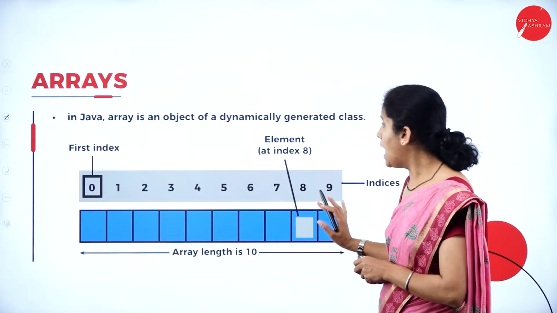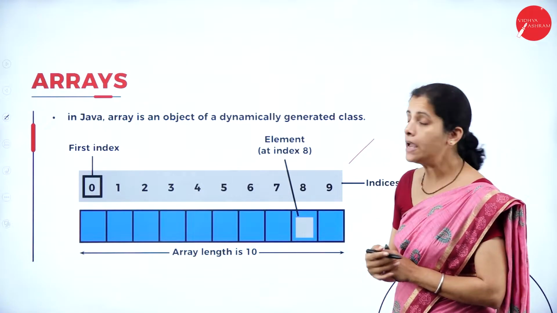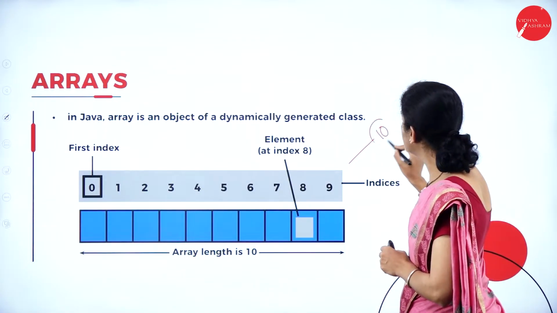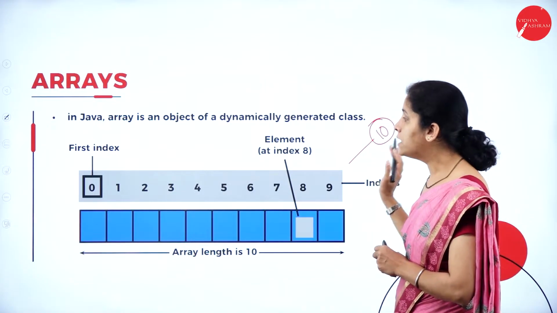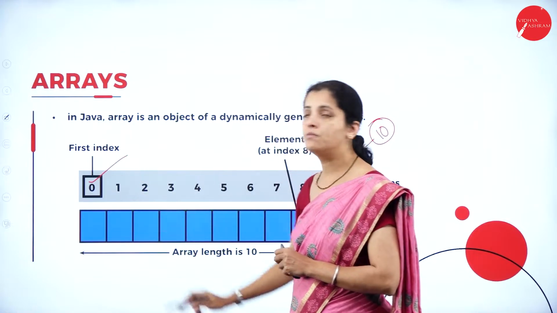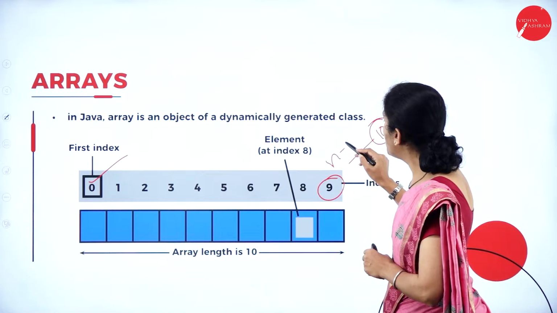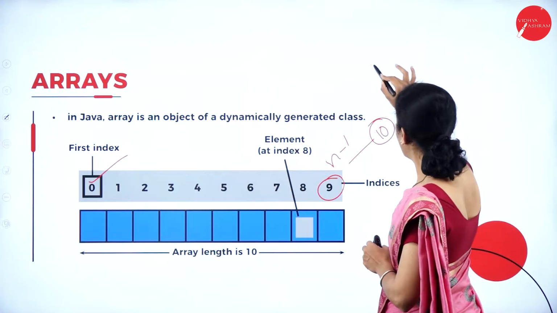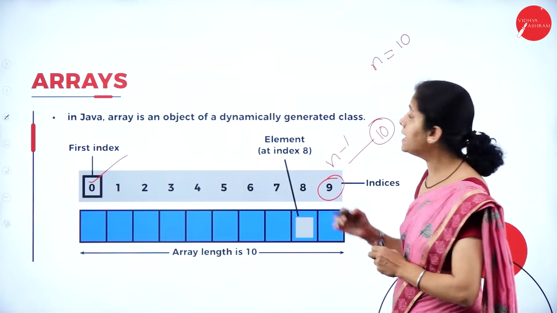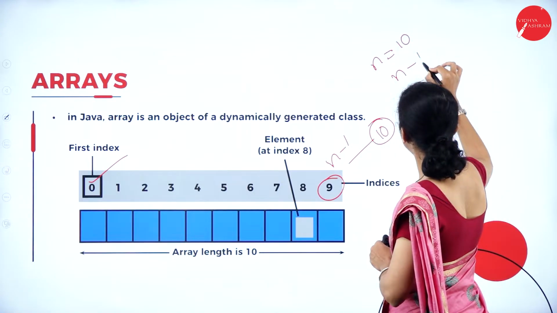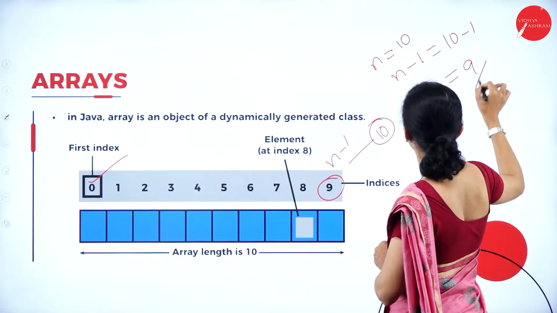See here, I have created an array of size 10. So what is the size of the array here? That is 10. And the index always starts from 0 and it ends at n minus 1. If n is 10, then what is the last index? N minus 1, that is 10 minus 1, which is equal to 9.